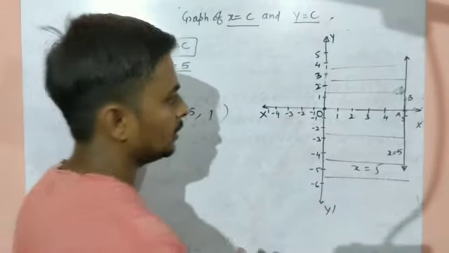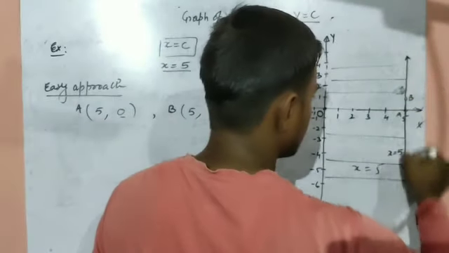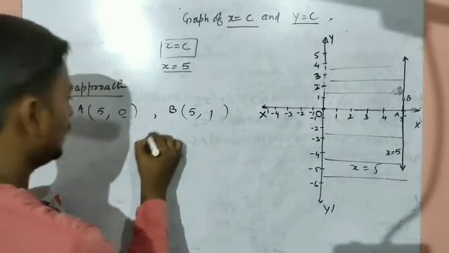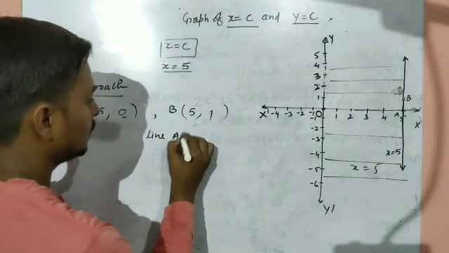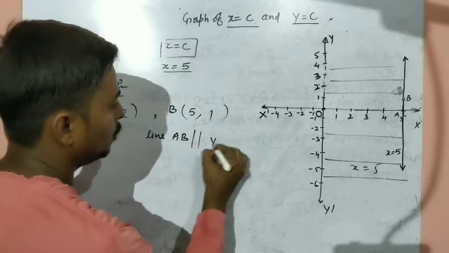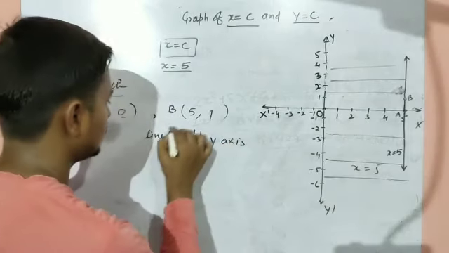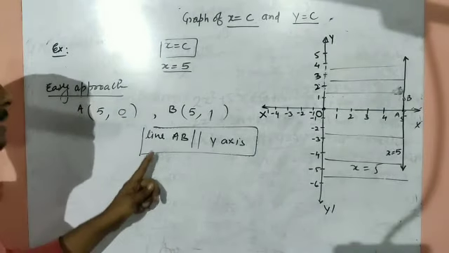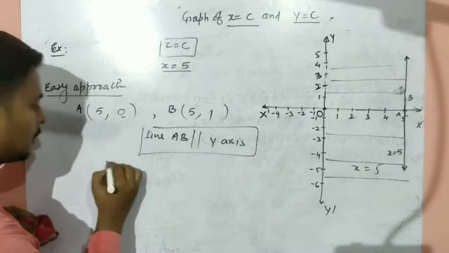Now you will notice that this line, line AB, is parallel to the y-axis.